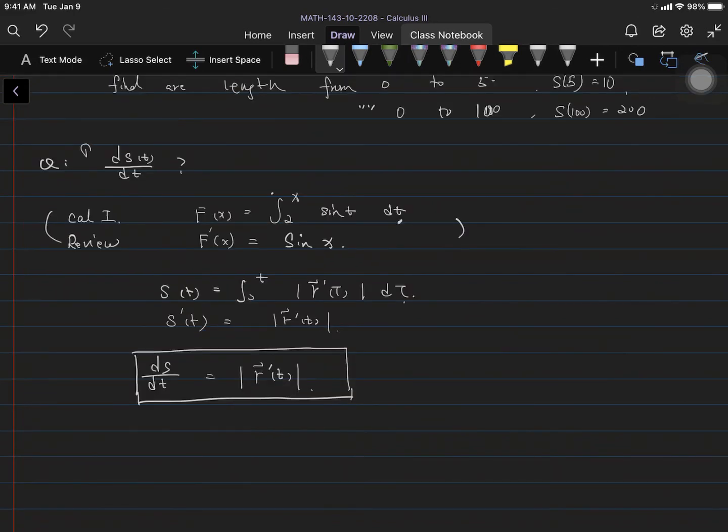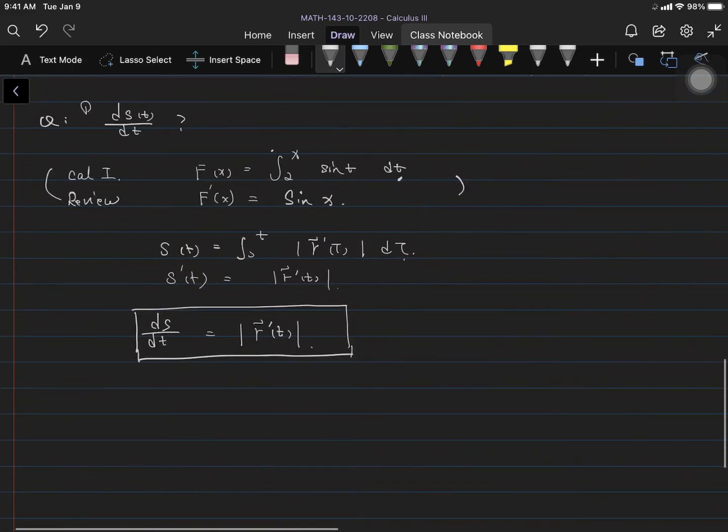Another application of the arc length function is to parameterize a curve with respect to arc length s.